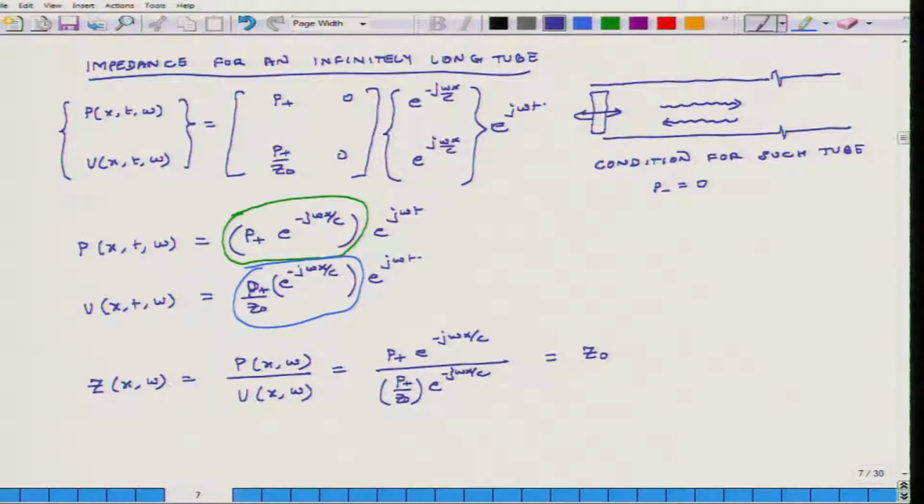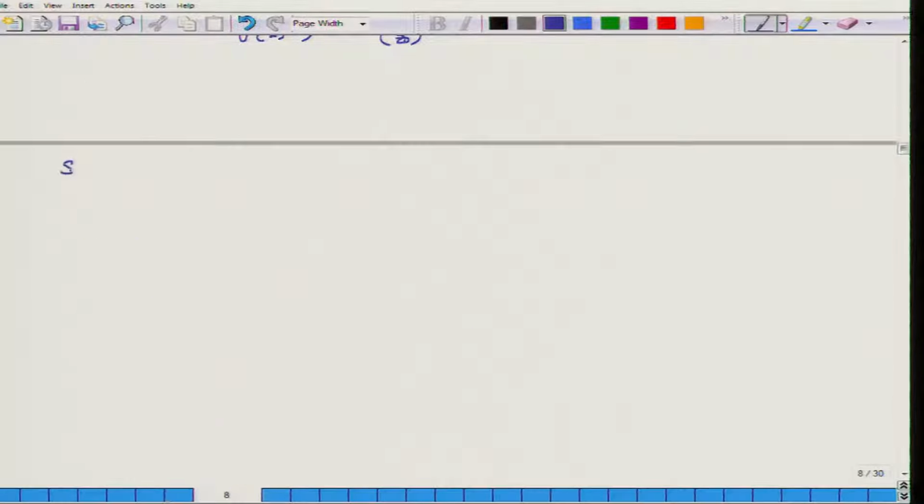So, with this what we will do is summarize. So, you have a closed tube, then we have an open tube, and then we have a tube which is semi infinite, because we know its beginning where the sound source is, the source is pushing air in and out.